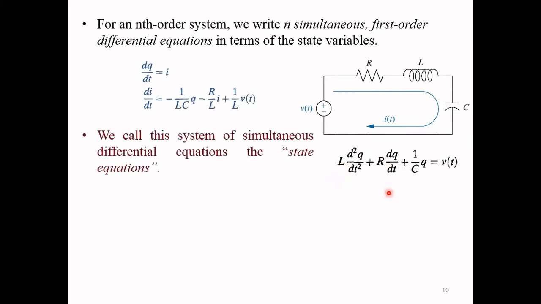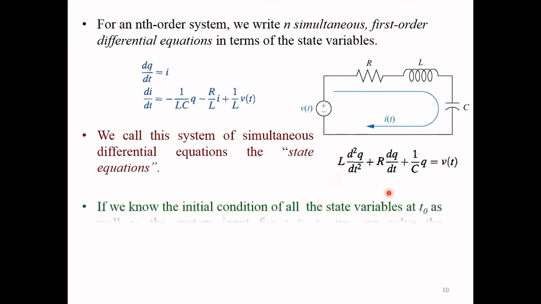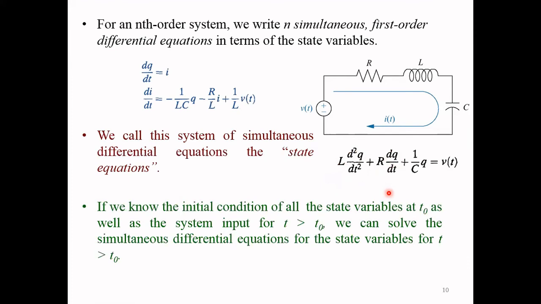We call this system of simultaneous differential equations the state equations. If we know the initial condition of all the state variables and we have given the input for time greater than t sub naught, we can solve the simultaneous differential equations for the state variables.